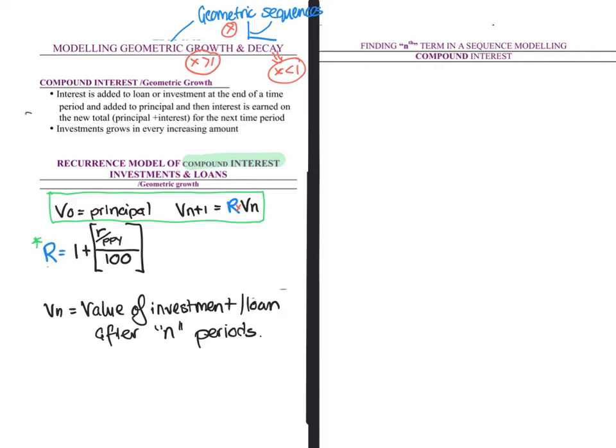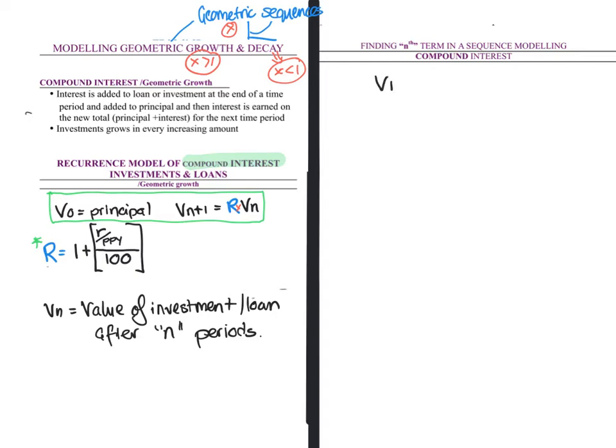Now, remember we had the nth term way as well. So if we want to find term 100, we don't want to be sitting on our computer pressing enter, enter, enter to get to the next term. So we use this nth rule or formula. So the nth term formula will look like this.